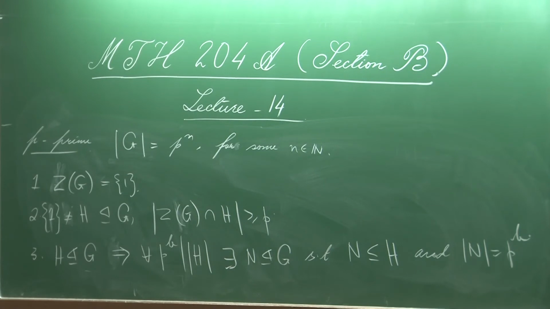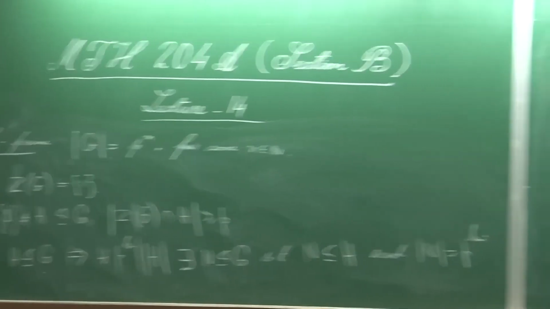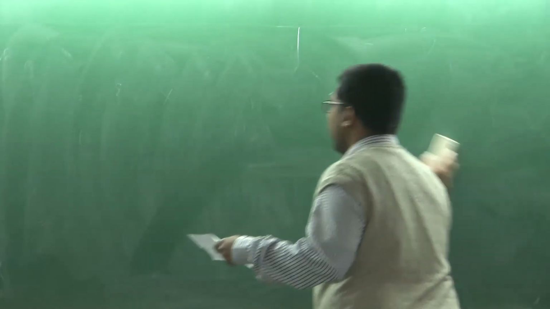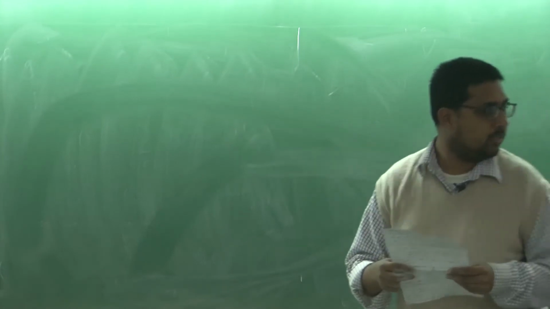Proving the last one, the argument is a very similar one. We run induction. For that we need to make the order smaller, which is done by considering the quotient.